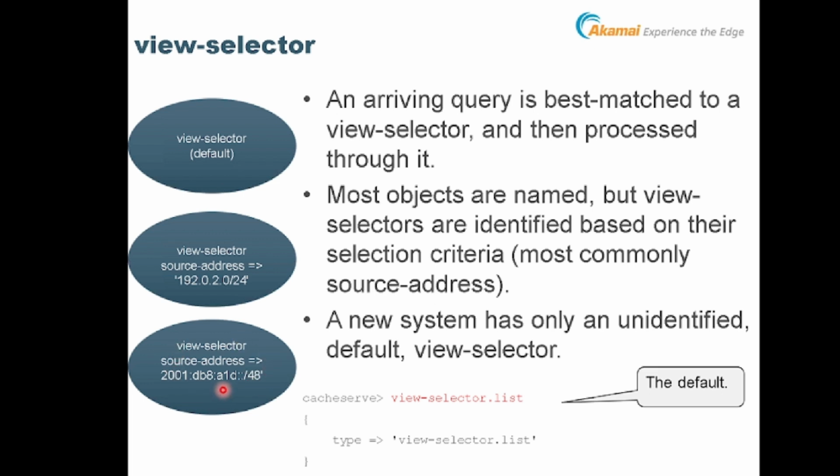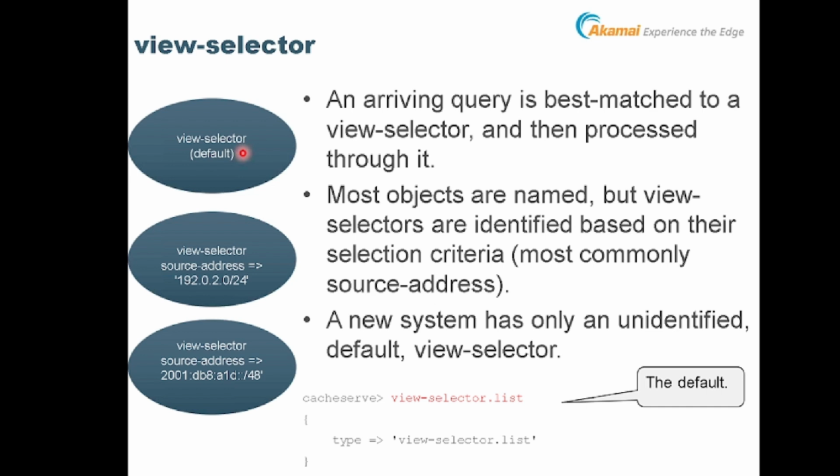So these are examples of two view selectors that I could create, and out of the box, though, there is only this one default view selector. It's unidentified, or magic. I'll call this the magic view selector because it accepts all IP addresses. In other words, it's an open filter. All IP addresses from any source address, any source port, any interface, doesn't matter. It accepts everything, all address families.